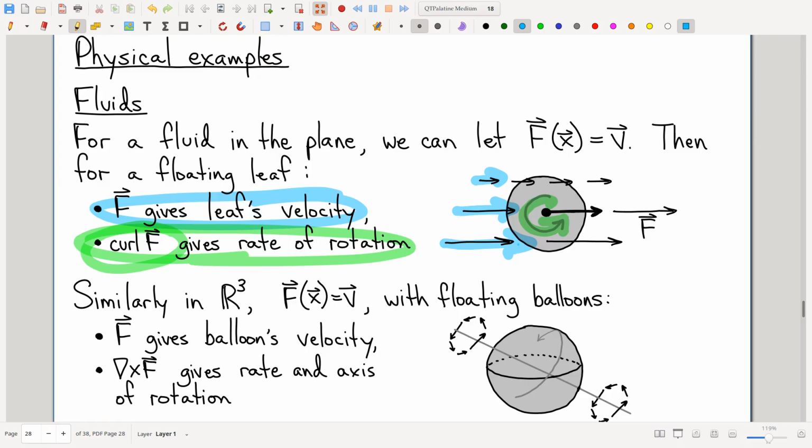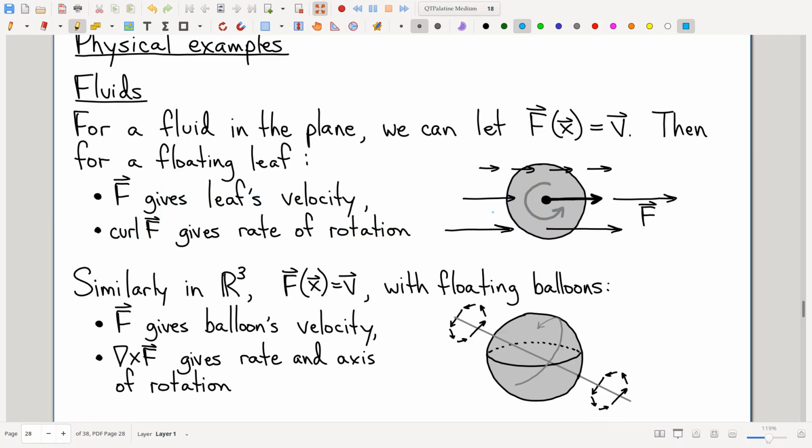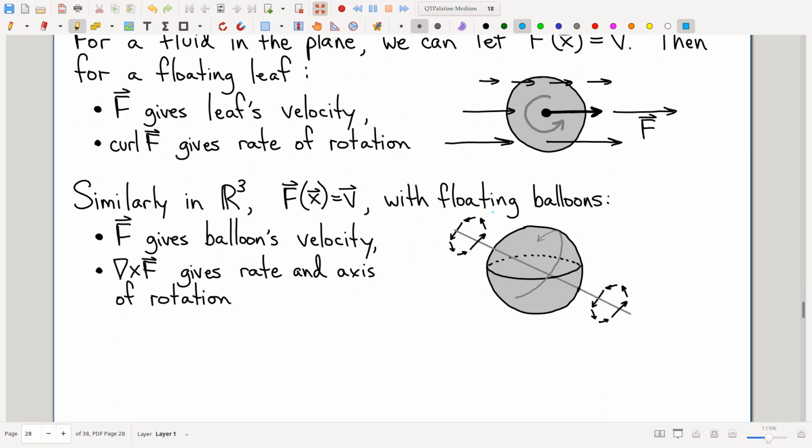And if you were to write down a formula for this vector field, and if you were to compute the curl, you would get a positive result, because positive means counterclockwise, which again we see in the picture. So totally analogously, in 3 dimensions, and again we use the term curl.